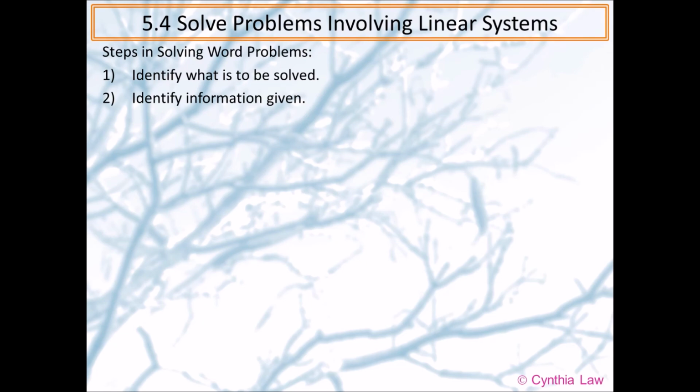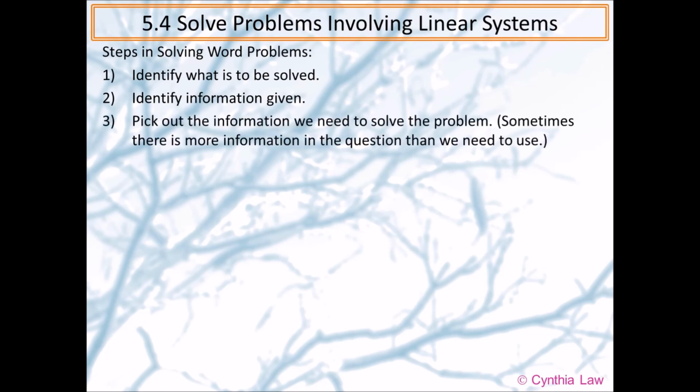Just like number one, we want to understand the question, we know what is given to us, and we don't want to use them incorrectly. Number three, sometimes word problems give us more information than we need to solve the problem. So we need to pick out just the parts that we need for that specific question.